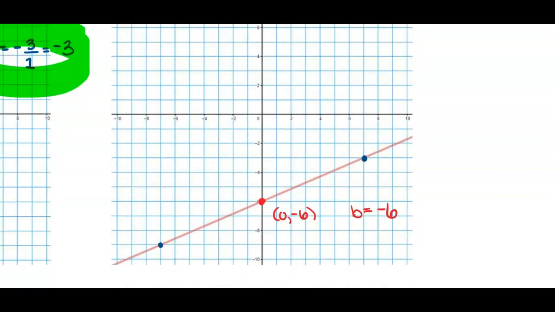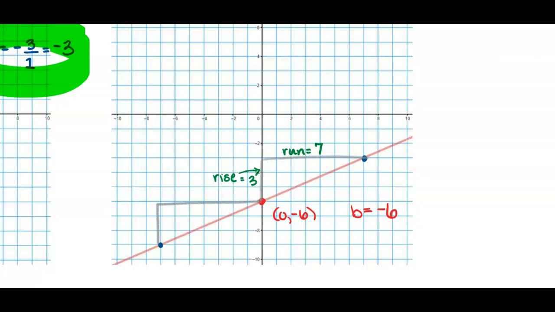So let's draw some stair steps up and over. Those are my stair steps that I'm counting. Now this distance is the run. This is 1, 2, 3, 4, 5, 6, 7. This distance here is the rise, and that's going to be 3. 1, 2, 3.